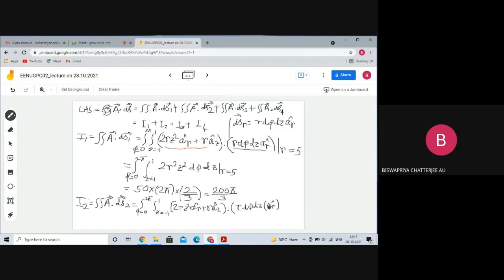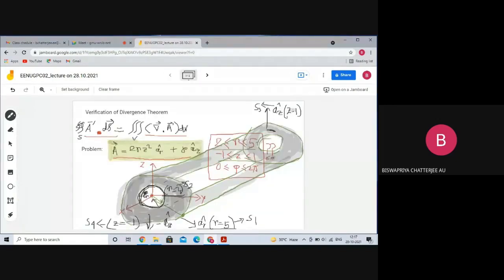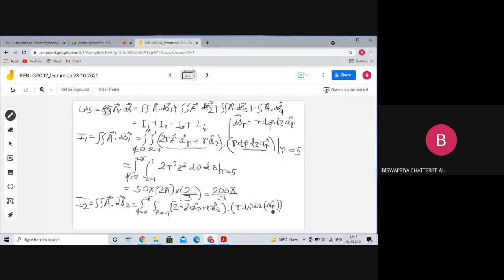Because I have already told you that the constant r equal to 2 surface, which I have symbolized as S2, is directed along minus ar cap. So the equation remains the same, but the direction is minus ar cap, and you need to place them accordingly. This is done at constant r equal to 2.